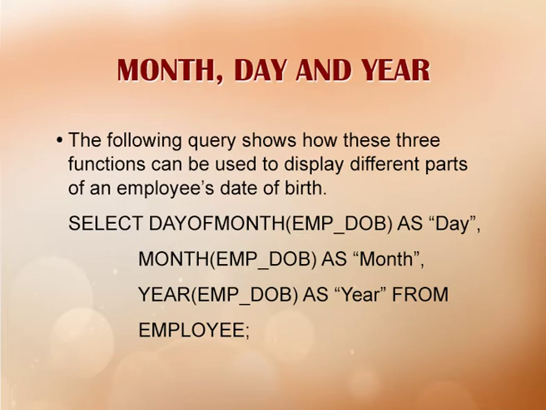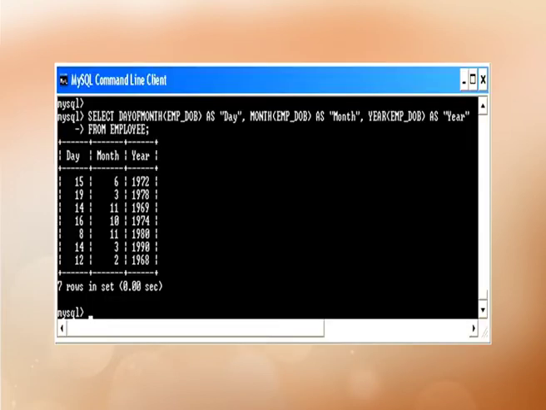So you can write the query as select day of month, the function we apply on the column employee underscore DOB, and it should be placed under a new column called day. Then the month needs to be extracted and put under month, and the year retrieved and kept under year. So the whole display will be shown like this.